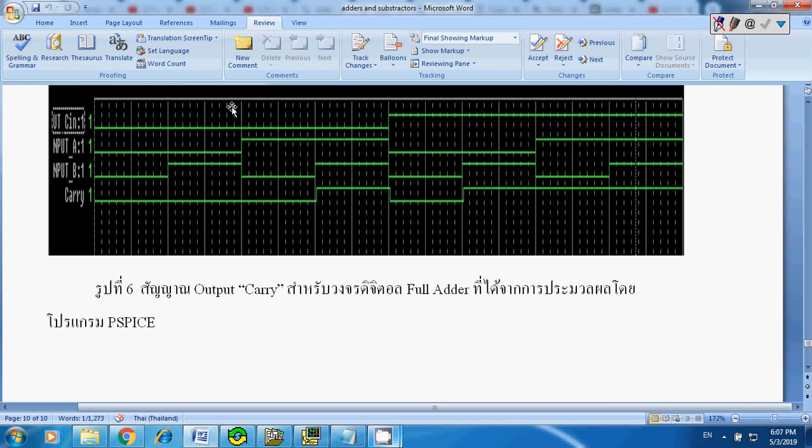So that's all the steps you need. And keep in mind, this is not a complicated design, but when you have a bigger circuit, you have more inputs and outputs. That will take time to finish your design.